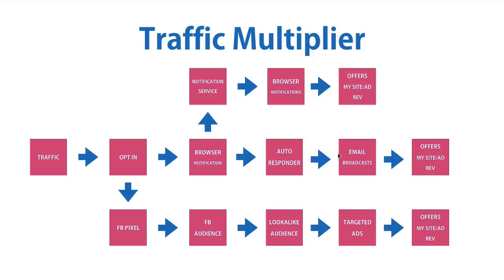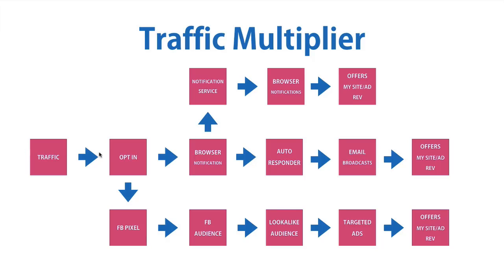But here's the magic, okay? Here's the magic. At the same time, the very first opt-in, we're also going to be inserting our Facebook pixel. And the Facebook pixel is a tool from Facebook, okay, which provides you with tracking information of everyone that visited that page. And you're going to be able to create an audience, and then from the audience, you're going to be able to create lookalike audiences, and then you're going to be able to send targeted ads to those people.